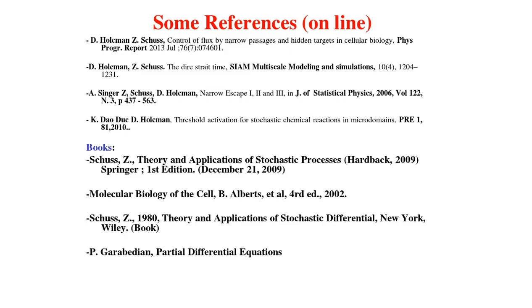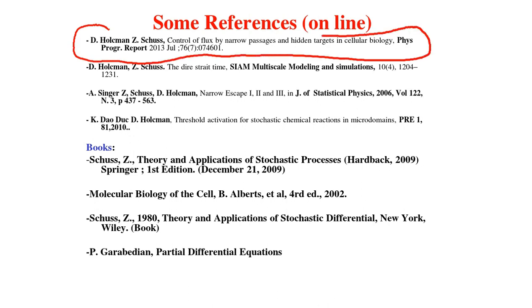So, some references. We have just recently published the following review, which I think gives you a pretty clear idea of how analysis can be applied to physical and biological domains and cell biology in general.